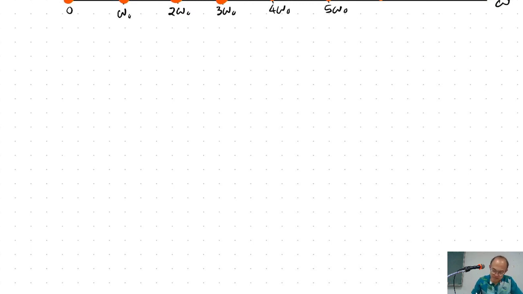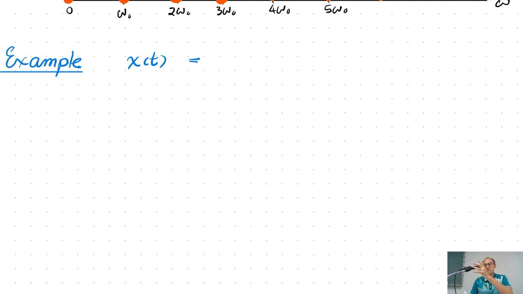All right, so next example. I'm going to give you the signal x(t) equal to 5 sine squared 1000 pi t.